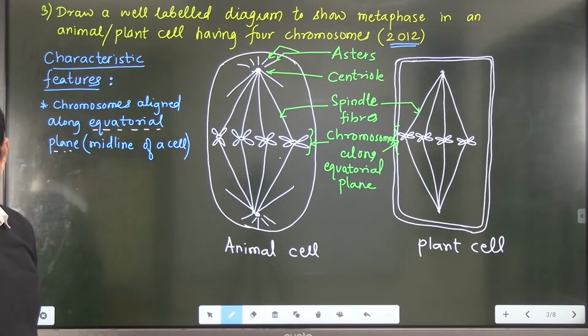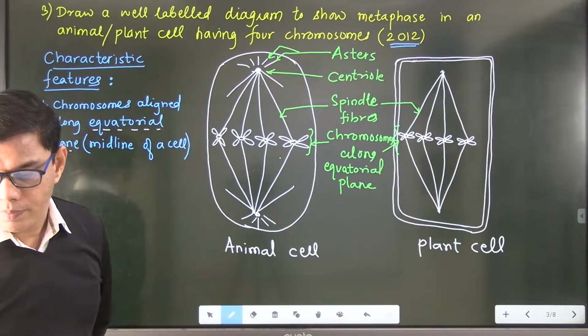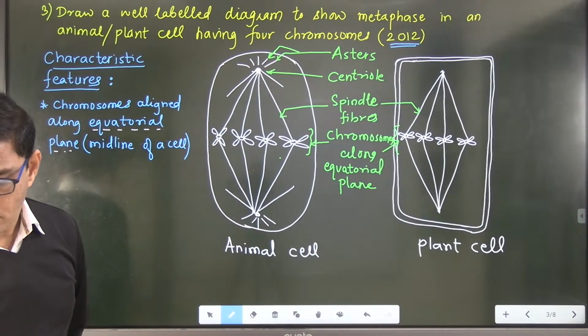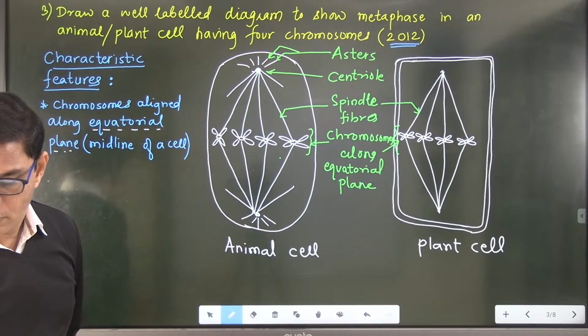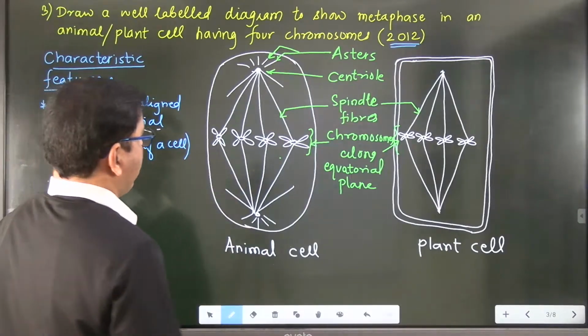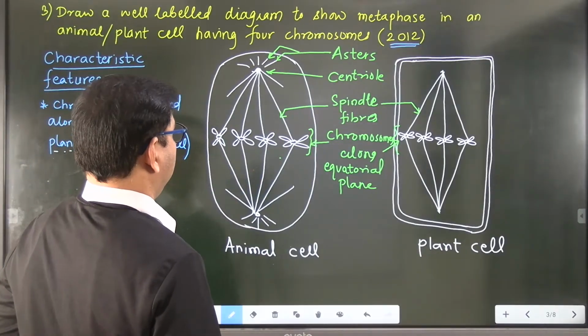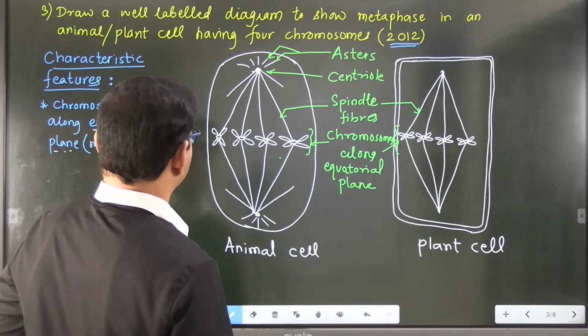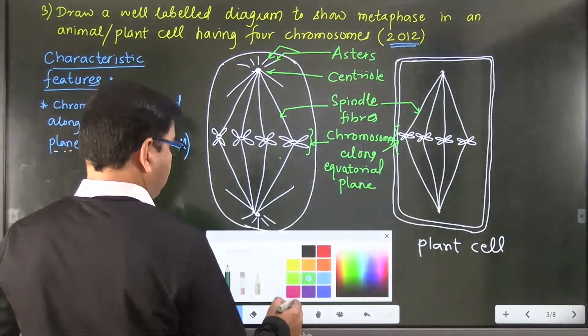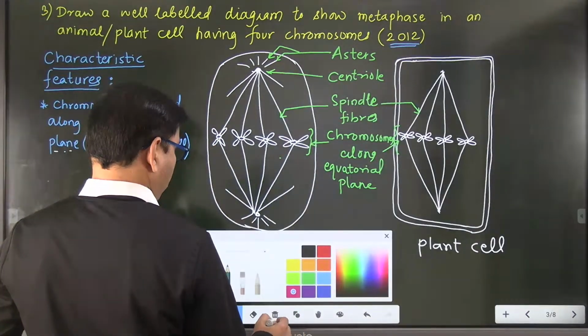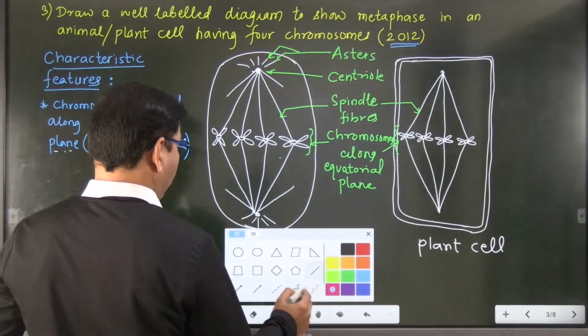Anything else? Are we missing out on something? Correct? That's it. We'll draw a box. You can use pencil and scale for drawing this box.